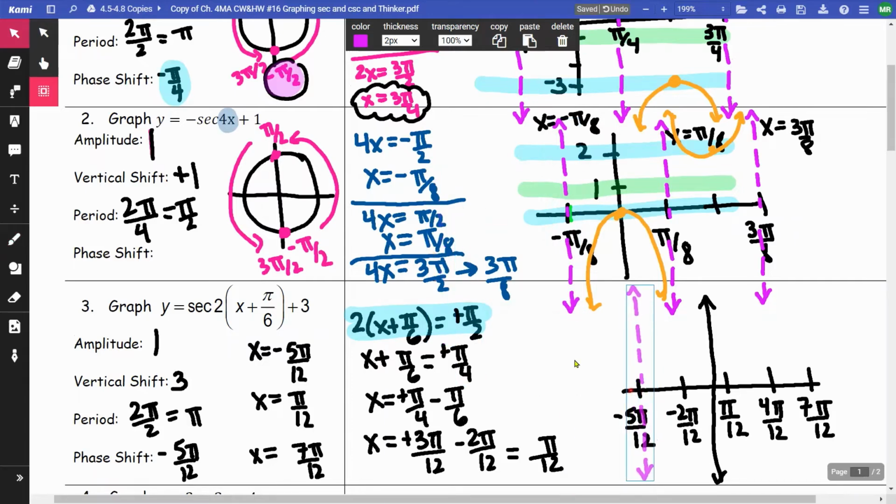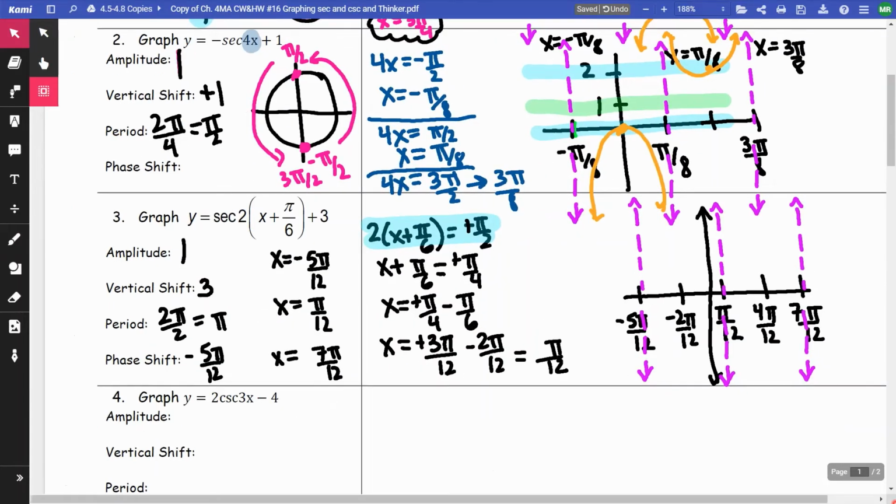I have one here. I have one at pi 12ths. And I have one at 7 pi 12ths. Okay, so those are going to be my asymptotes.